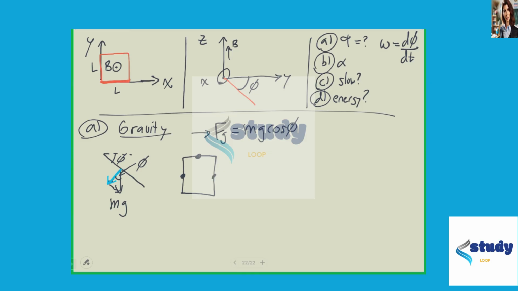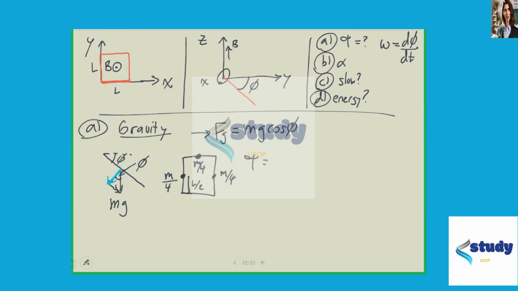So the centers of mass of the three sides of the square that are rotating are here, and each one has mass m over 4 because it's a square. And then this distance is L over 2, and this distance is, of course, still L.